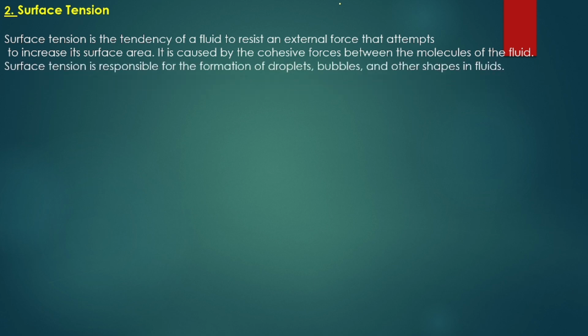Surface tension is responsible for the formation of droplets, bubbles, and other shapes in fluids. Because of surface tension only, we get different droplets on the walls of a container, on the surface of a liquid. Why, sir? Why does surface tension take place in a liquid?